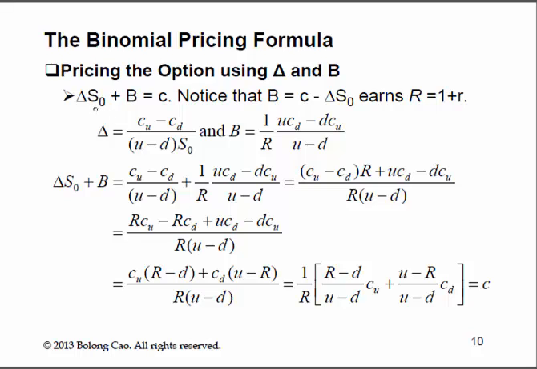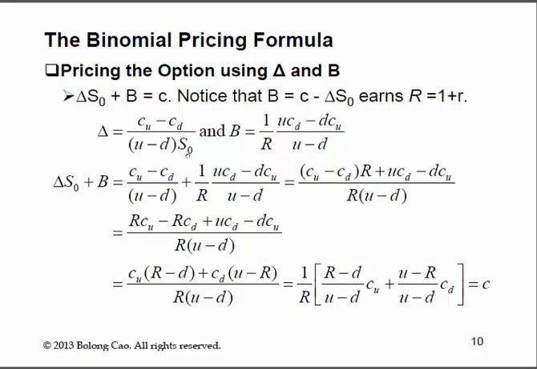So now we can have this call option priced because we know the value for delta and the borrowed amount. So we know the replicating portfolio's cost at time 0. What do we do? We simply put delta times S0 plus the borrowed amount back, delta back and the borrowed amount back.